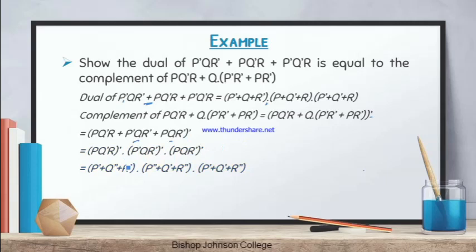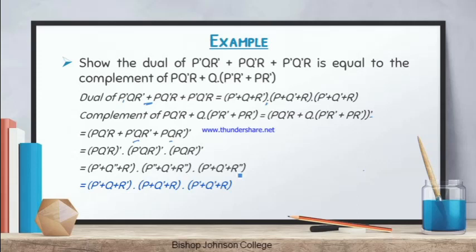Now the bar further on the bracket gives p bar plus q bar. Now it has become double bar, and r bar plus p double bar plus q bar plus r double bar dot p bar plus q bar plus r double bar.